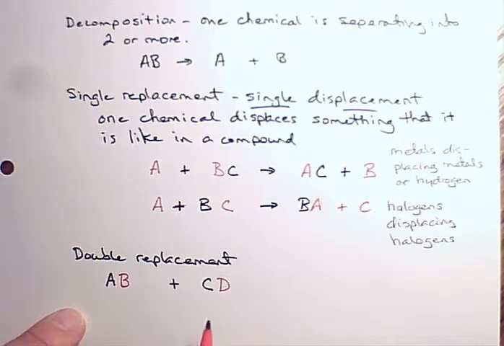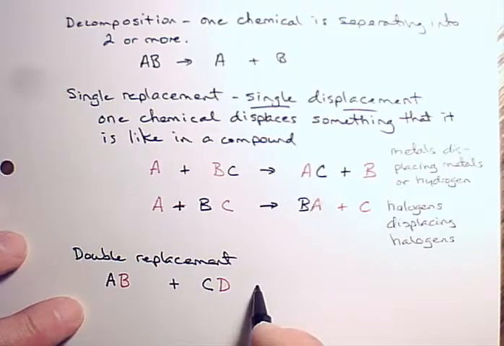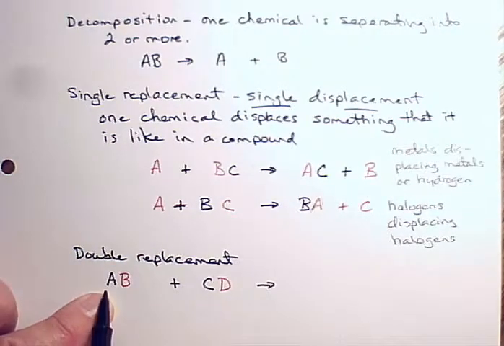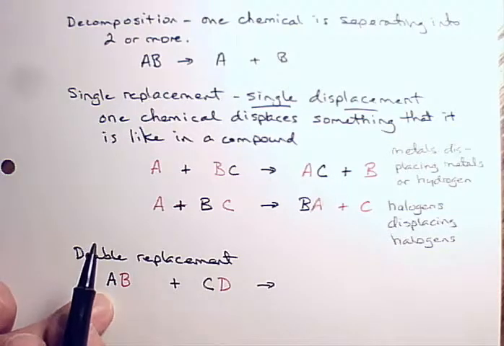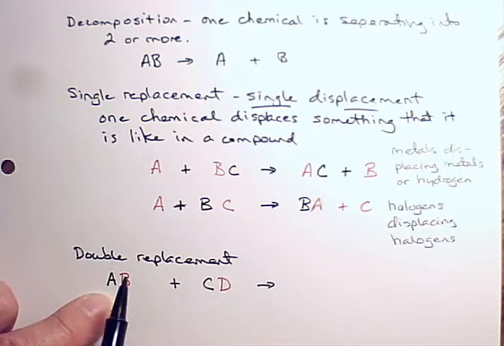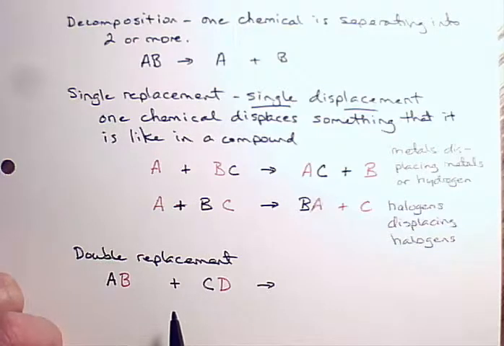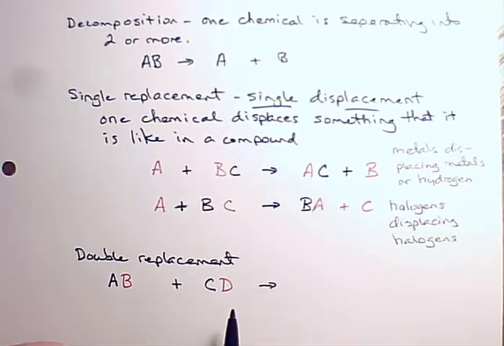The front part of the compound formula is going to be some kind of positive ion, or hydrogen if it's an acid. The back part is going to be some kind of negative ion. So we have an ionic compound here, or acid, an ionic compound here, or acid, and bases are also ionic compounds, almost always. In this case, A and C are going to switch out, or you could say B and D are switching out. Any way you go about it, you have these two things switching around.